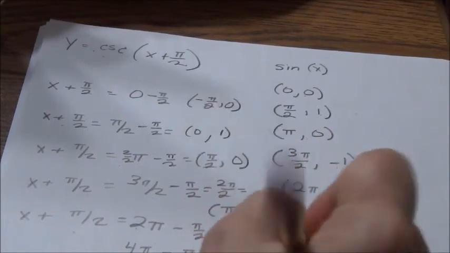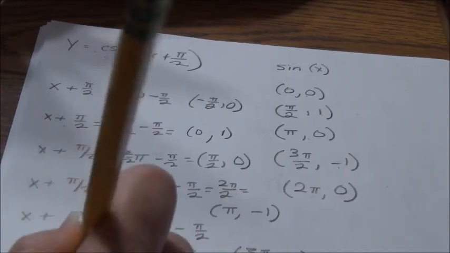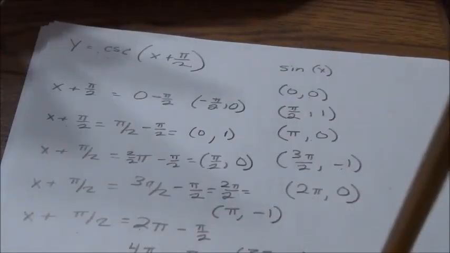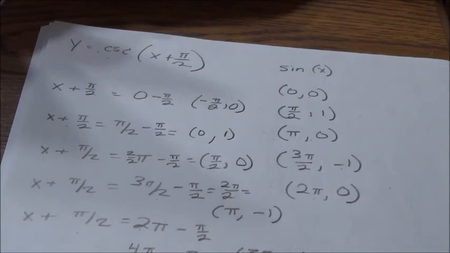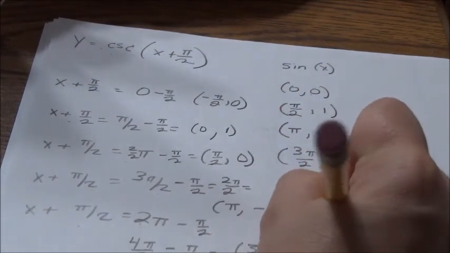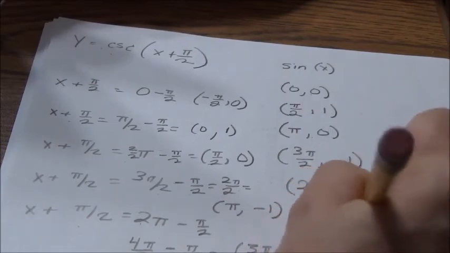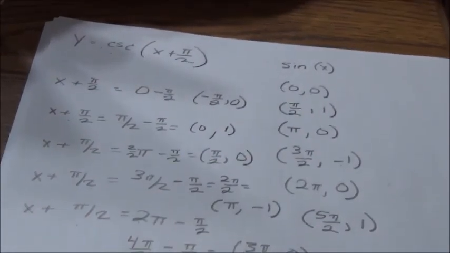And that should be back at 0. And so, if I am going to do my graph here, and this point may or may not show up on your graph. You may have to do one more point to the right. If so, you would do 5 pi over 2, and that would go up to 1. And so you could just figure out if you go to the next spot.